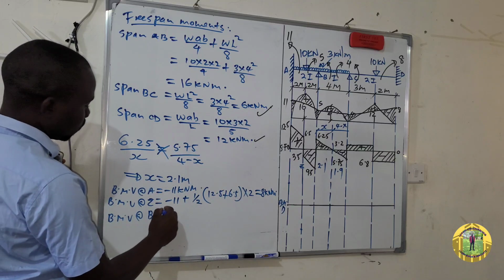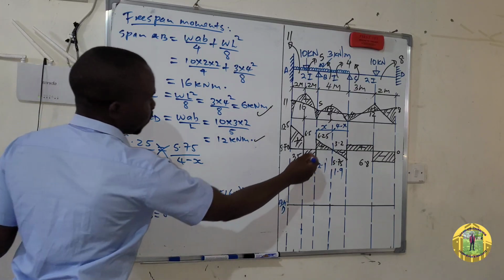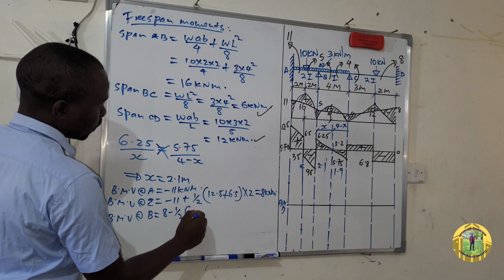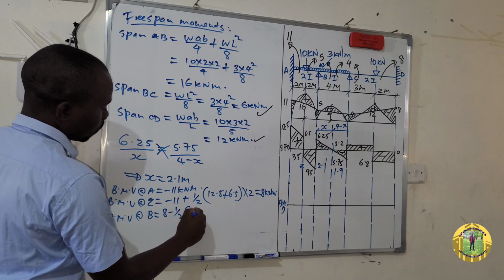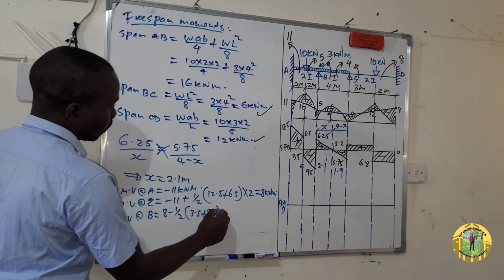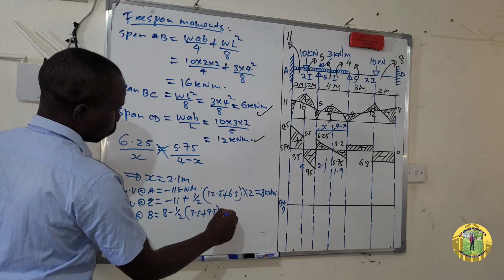So it will be 8 minus this area, which is a half, into bracket the sum of two parallel sides, 3.5 plus 9.5, then times 2.